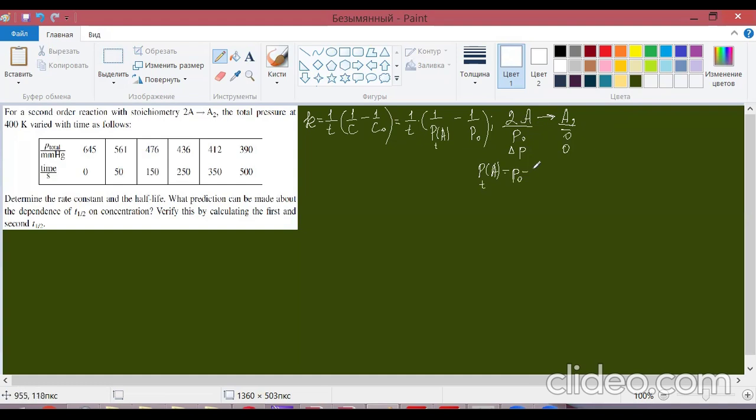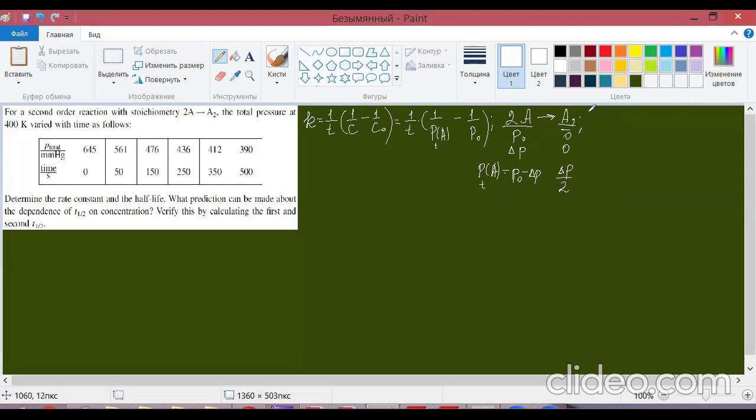The initial pressure minus delta P. This is what the partial pressure of A is equal to at time T. As for the product, its partial pressure is equal to delta P halved.